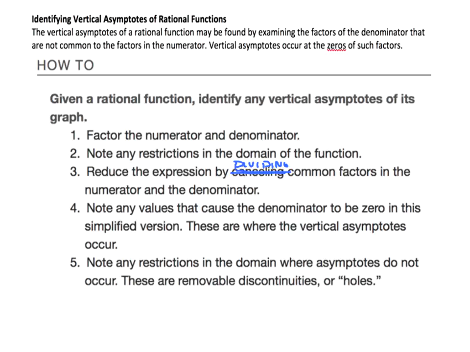I think that's spelled incorrectly. This is dividing. Dividing common factors out of the numerator and denominator. Remember, if you can divide those factors out, that's a hole. It's not an asymptote. So these are where your holes live. And you have vertical asymptotes with the ones that do not come out of the simplified version.